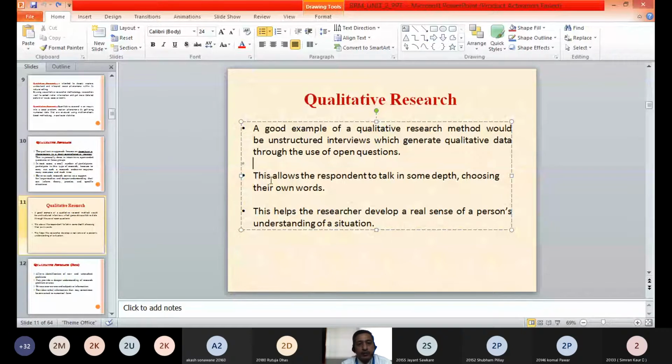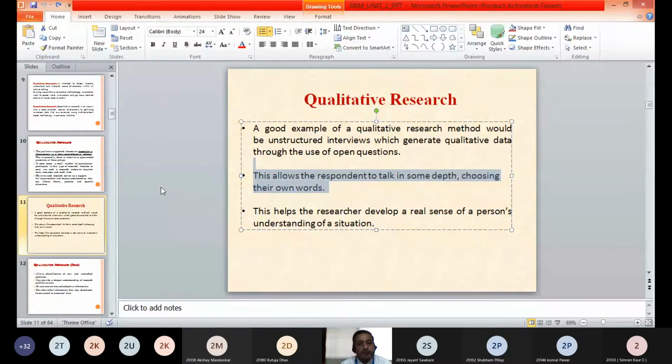In this type of qualitative research, you will see that this allows respondents to talk in depth, choosing their own words. So herein the respondent is given liberty to talk in his own words, in the details he wants to describe. In his own way, he can describe that particular problem, the different dimensions of the problem, the different reasons for that problem.